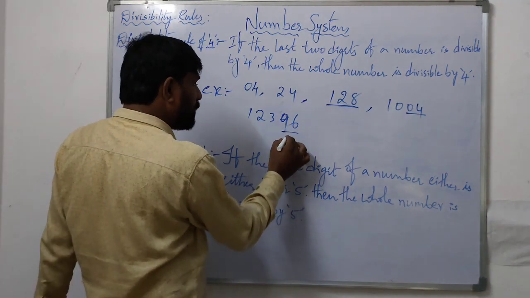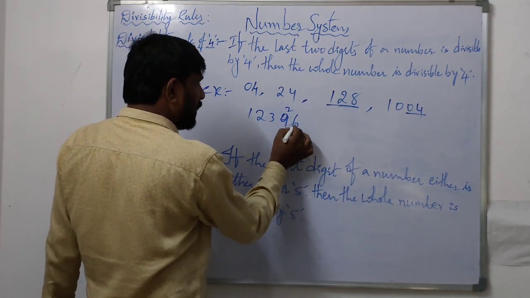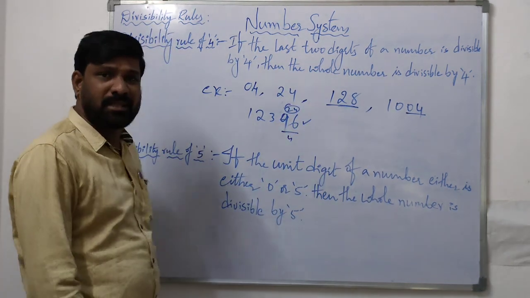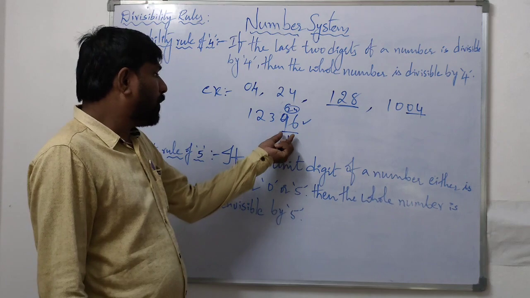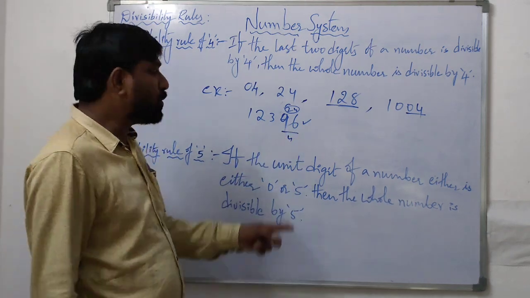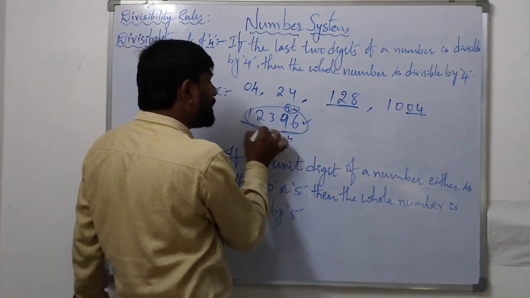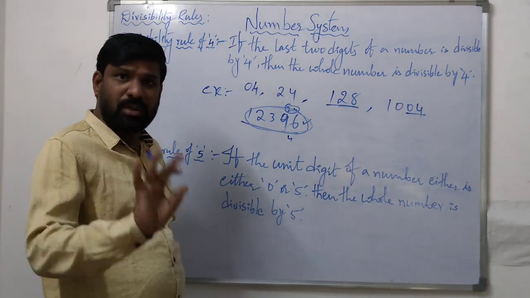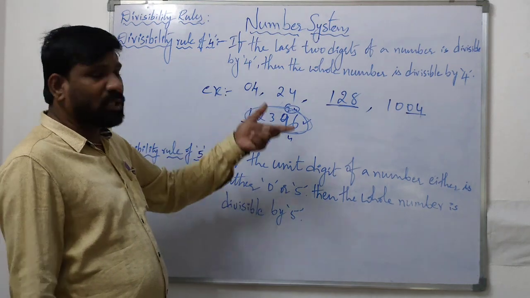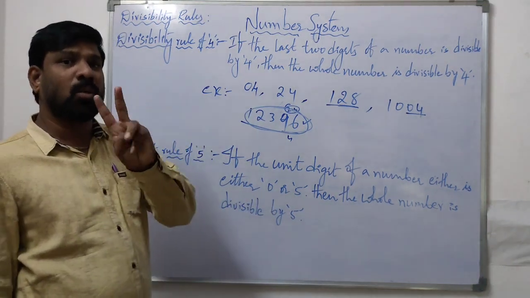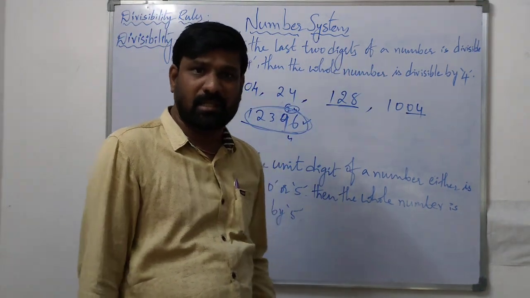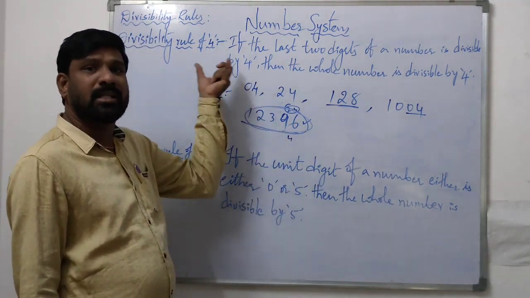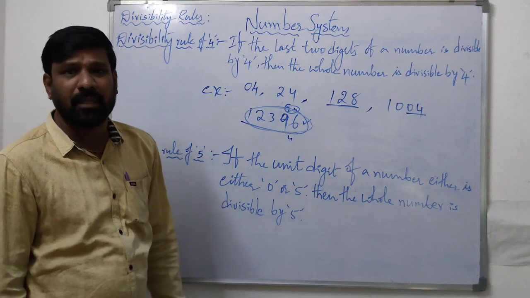See, if you divide this by 4, you will get 4 2s, and 4 4s are 24, right? So this 96 will be divided by 4, meaning 96 is divisible by 4, meaning the whole number 1 2 3 9 6 is also divisible by 4. You get the clarity? How to check the divisibility rule for 4? We have to check only the last 2 digits. Clear? Right. If the last 2 digits are divisible by 4, then we can say that the entire whole number will be divisible by 4.